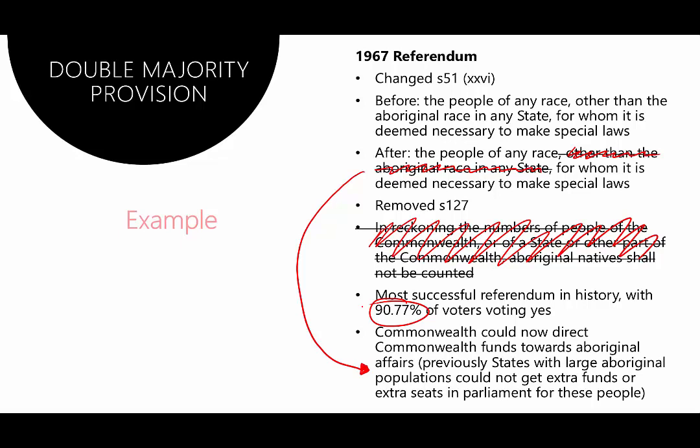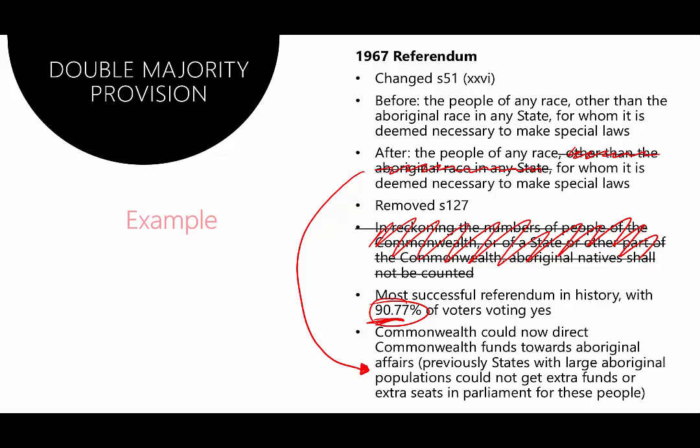So the people looked at this and said, yep, we've listened to the arguments. We think it's in everyone's best interest for us to vote yes, and as a result, increase the lawmaking power of the Commonwealth. But you can also look at this from the other side of the coin and say, if the majority of voters thought giving the Commonwealth more power was a bad idea, then the double majority provision enables them to say no more power for the Commonwealth, and therefore is a really effective check.